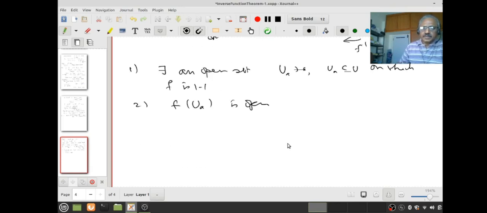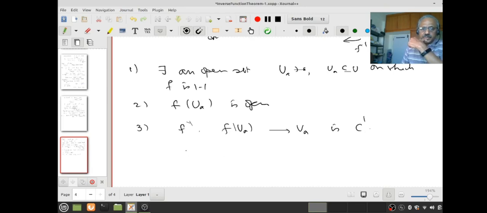Since f is 1-1, f of UA is open, therefore f is a bijection from UA to f of UA. Therefore I can talk about f inverse from f of UA to UA, which is again C1. Okay, and we also know what the derivative should be.